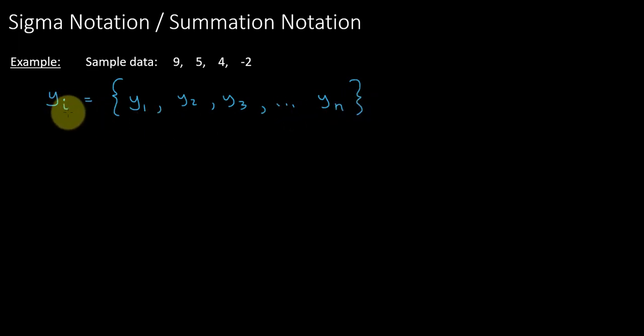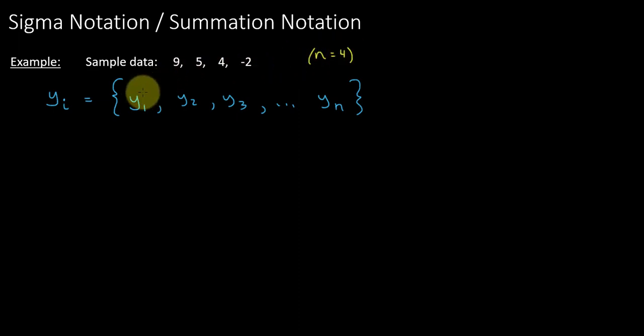So here I've got an index i, and i is going from 1, 2, 3, all the way till n. In this case, we have a sample of size 4, and I'll just specify n is 4 for us here.